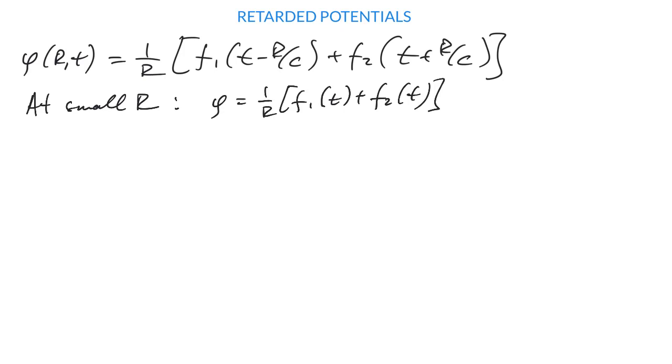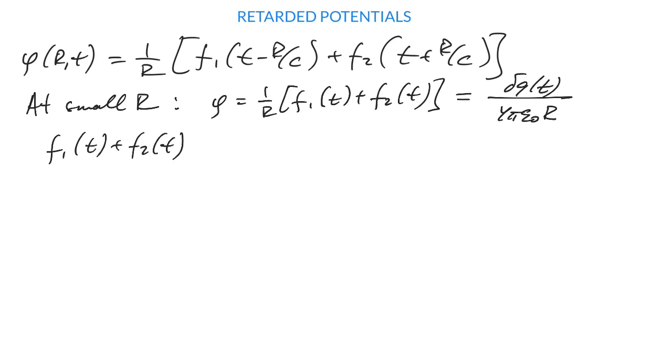We also know that close to the origin, the field should look like the field of the static charge. The retardation becomes unimportant when you get close to the charge. This tells us that the sum of those functions f1 of t plus f2 of t must be equal to δq of t divided by 4π ε0.